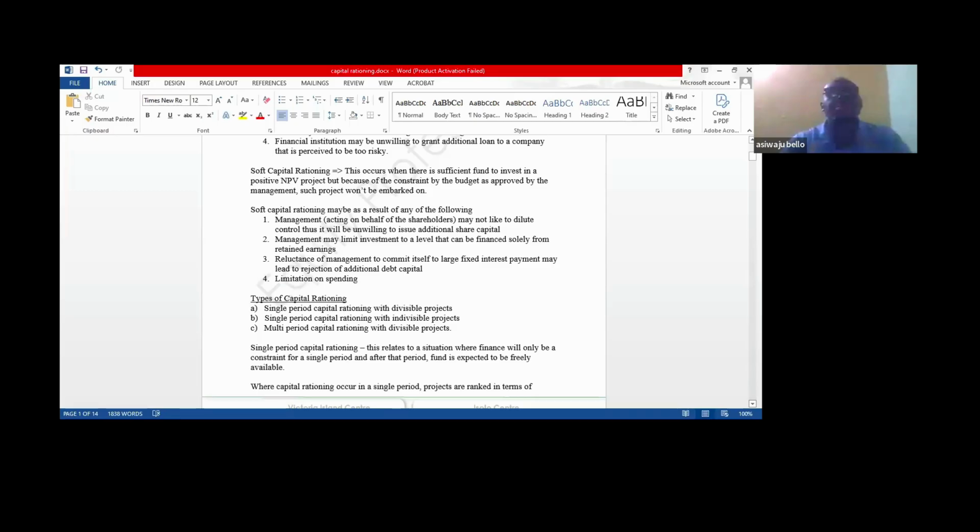Look at number 3 reason. Reluctance of management to commit itself to large fixed interest payments. Loan. If you take a loan, maybe for 5 years, 10 years, you are going to be paying interest annually.